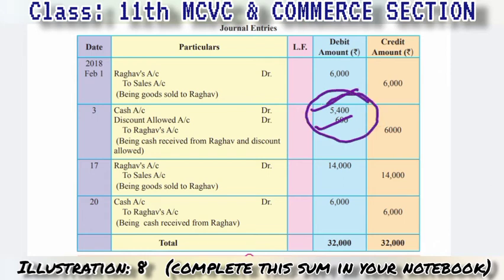So together we are getting what? 6,000. So 6,000 is given by whom? Is given by Raghav. So this is the next transaction. Raghav has given, and we have received the cash 5,400 with the discount of 600. So altogether 6,000.